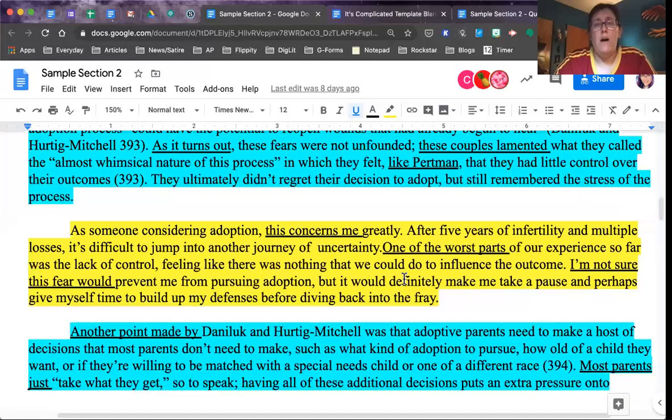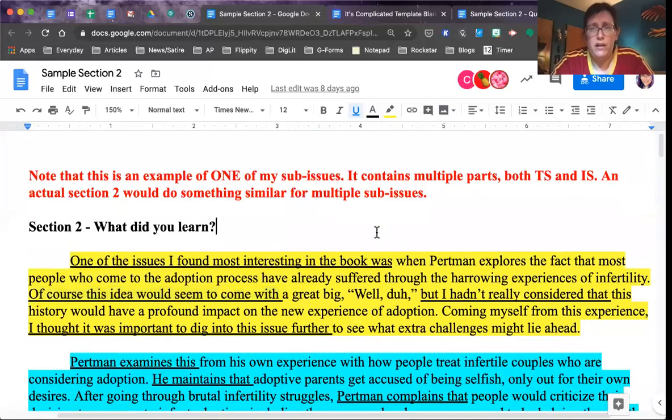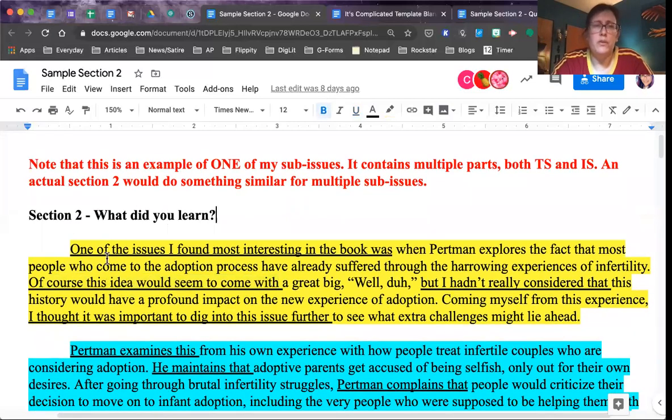So I'm just going to read this out loud to you and kind of tell you how it's working along. So I start off with a little bit of an intro here. And I introduce the issue, and I say one of the issues I found most interesting in the book was when Pertman explores the fact that most people who come to the adoption process have already suffered through the harrowing experiences of infertility.